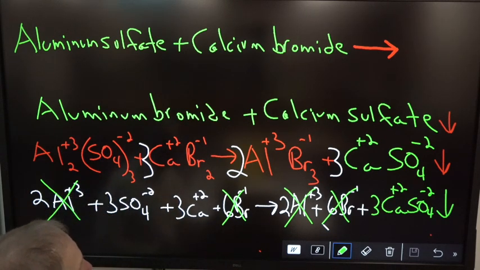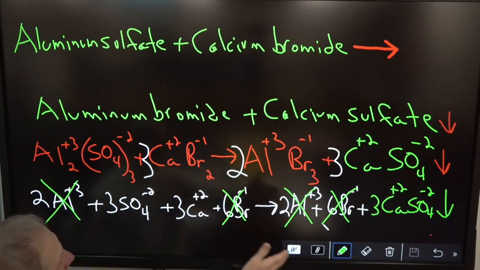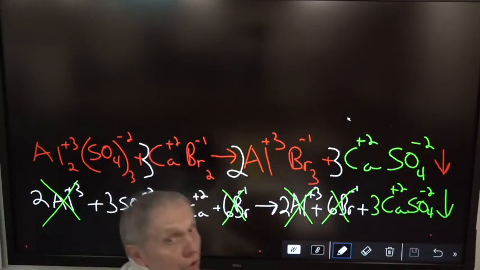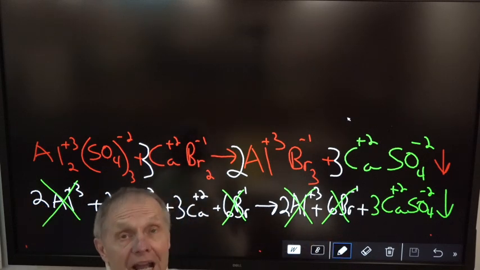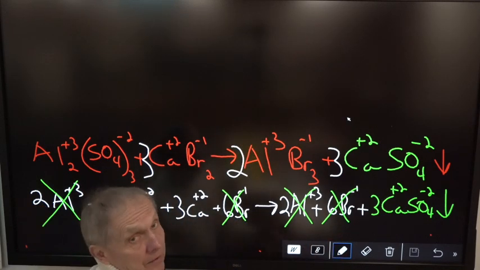So the last thing we have is what really reacted. Okay. So what I'm going to do is put what's left in the reaction, what actually reacted, above it, because I ran out of room down below.